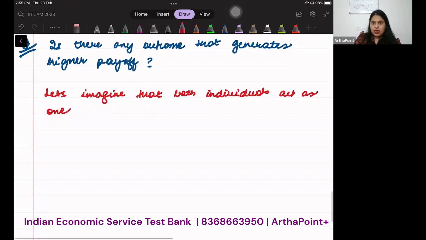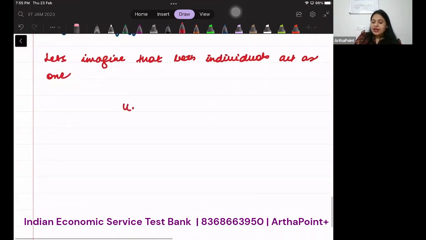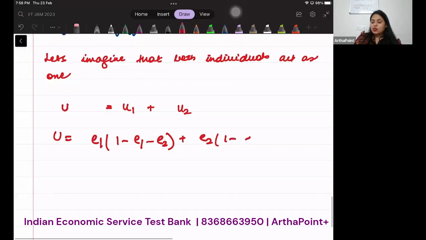So now I want to find out the combined utility and name this as U. So what will be U? Utility of individual 1 plus utility of individual 2.